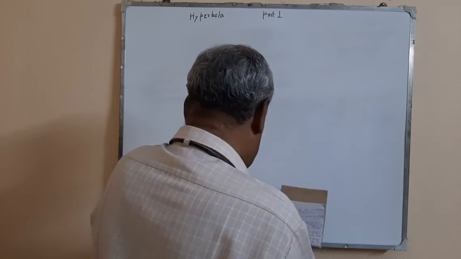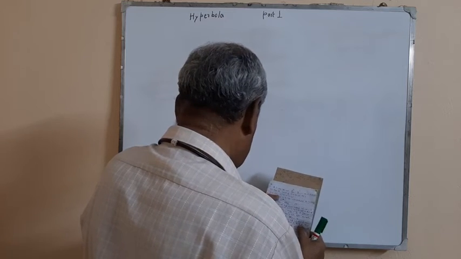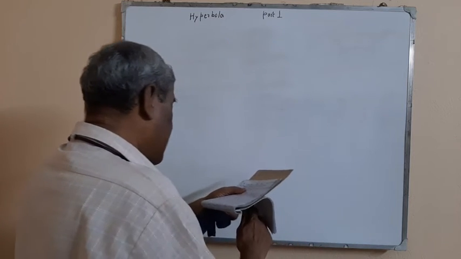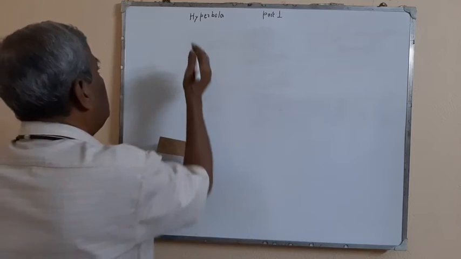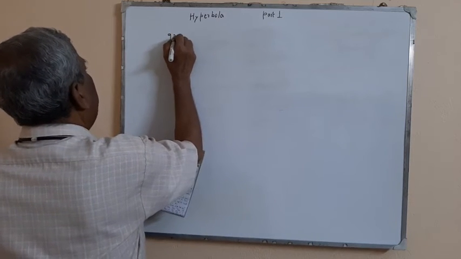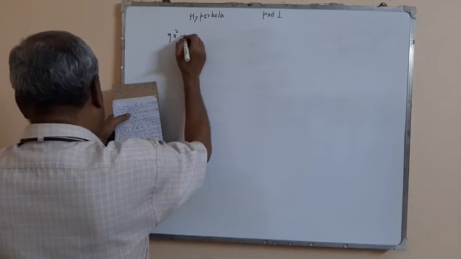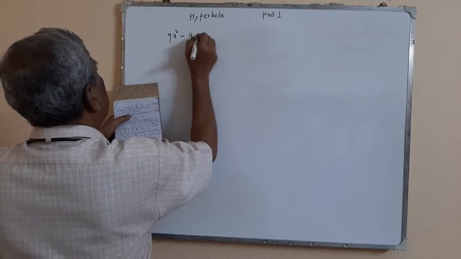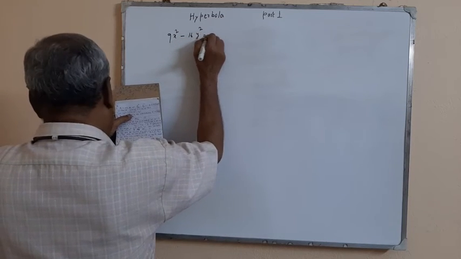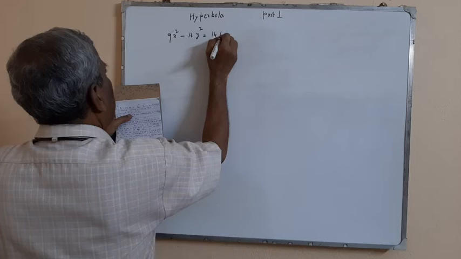Next problem is: P is any point on the hyperbola 9x square minus 16y square is equal to 144.